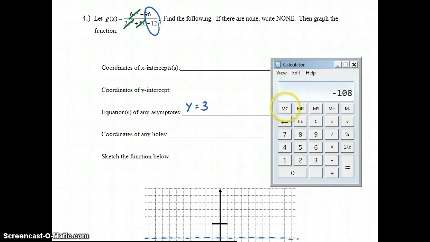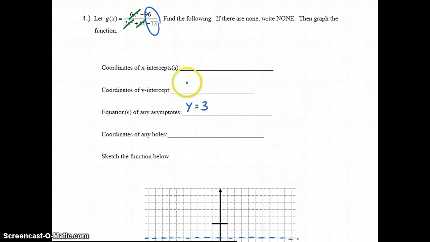Let's see. Negative 96 divided by negative 12 is 8. Okay, so the coordinate of the y-intercept is at 0, 8.